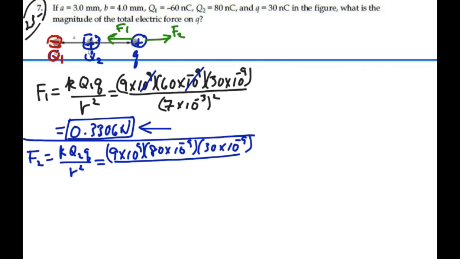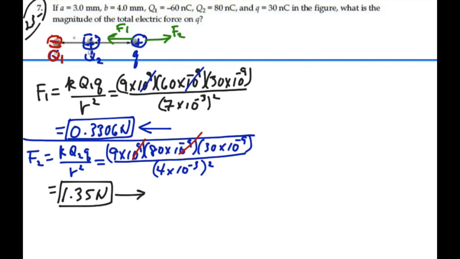And the distance between them is distance b, which is 4 millimeters. And we'll square that. And let's again get rid of the 10 to the 9 and 10 to the minus 9. And let's calculate that. 1.35 newtons. And that force is to the right.